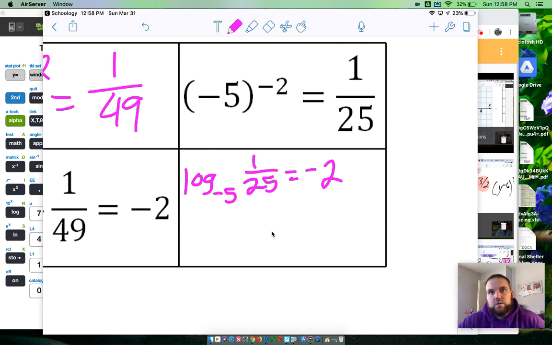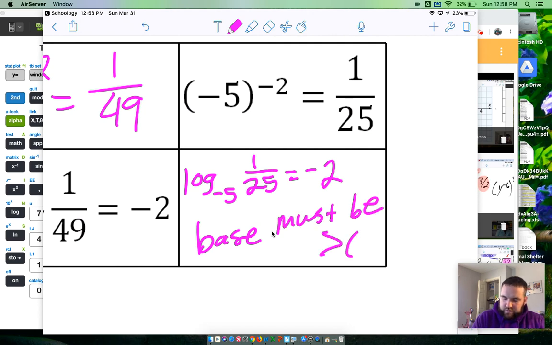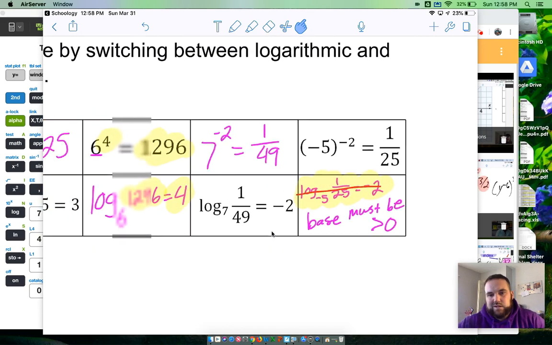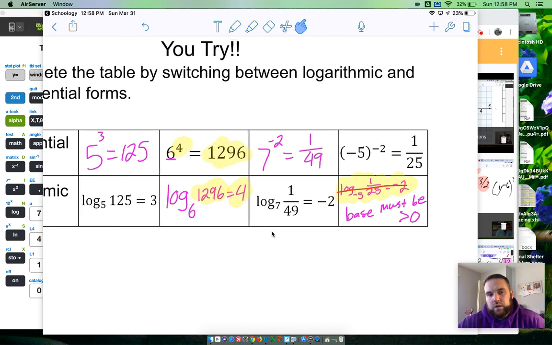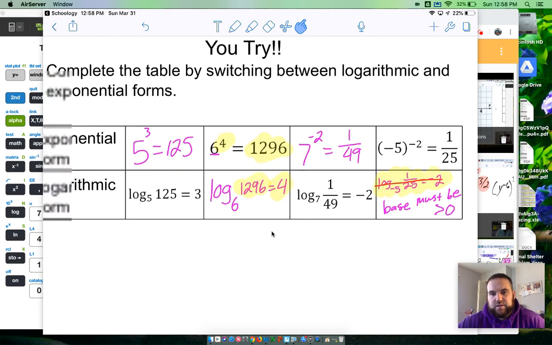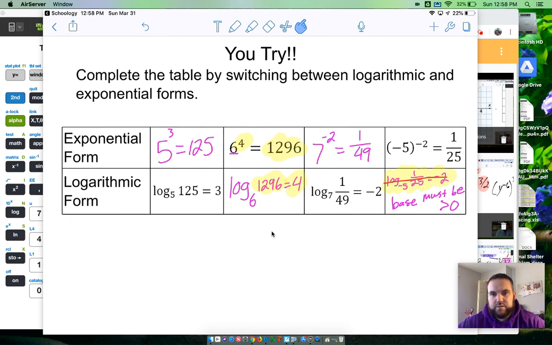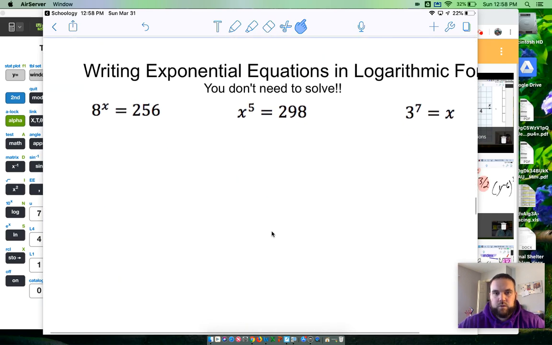Because of the way that exponents are defined in logarithms, the base of a logarithm must be greater than 0. So even though this is the correct way to write this, it is nothing that you'll ever see or have to do algebra with, because we can't have a base that's negative. So it's good to practice, but just understand that the base of logs will always be a positive number.